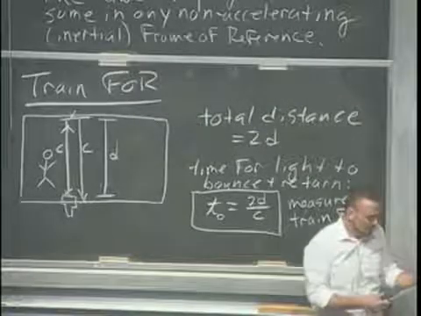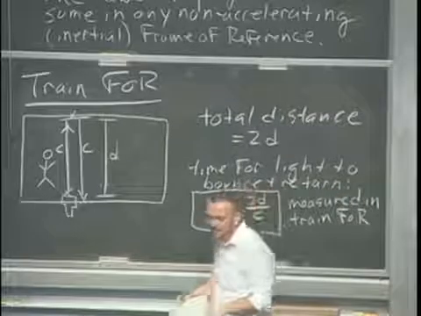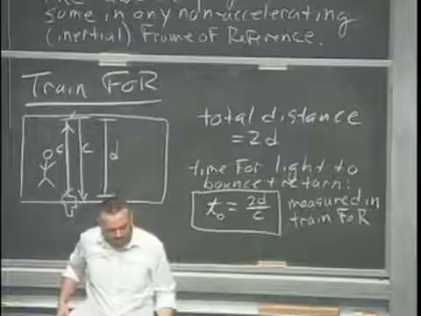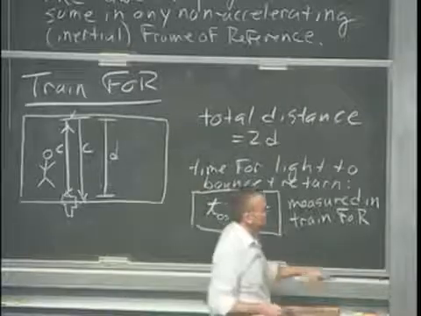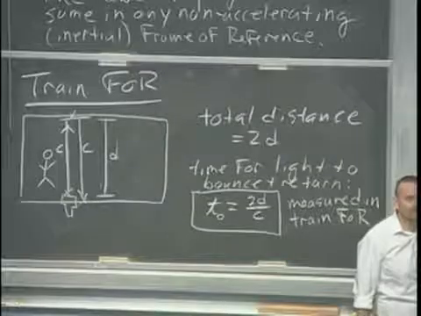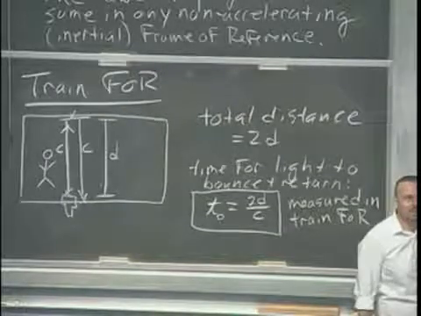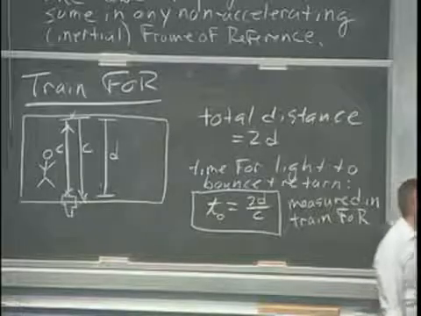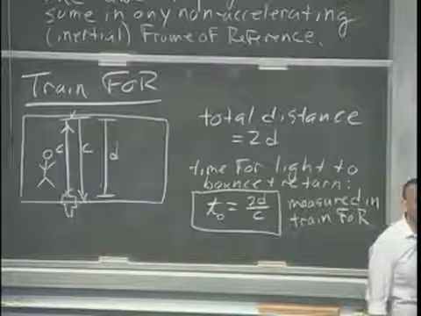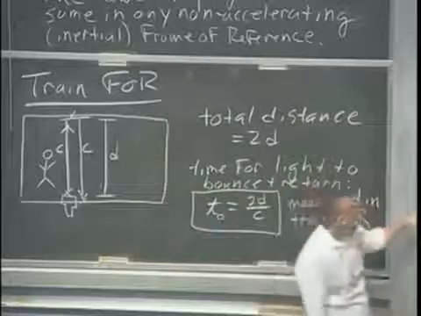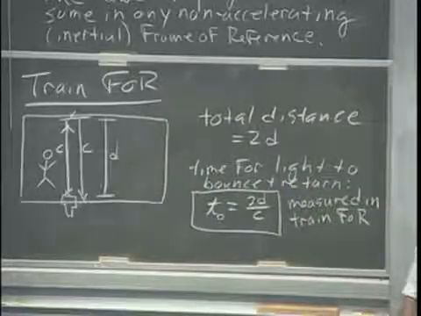Okay. Let me point out, though, that we've already violated classical relativity in this picture because we've already required that the speed of light is constant, that the light is moving at c. Okay? Classically, we would have said that the speed of light was moving at the initial speed in the train frame of reference, plus the velocity that the train is giving it.